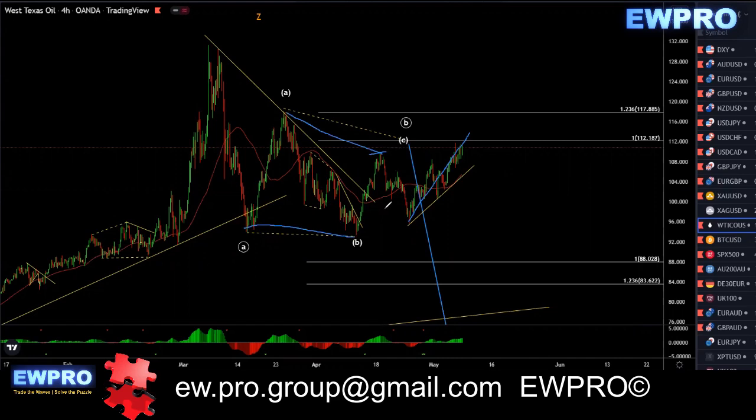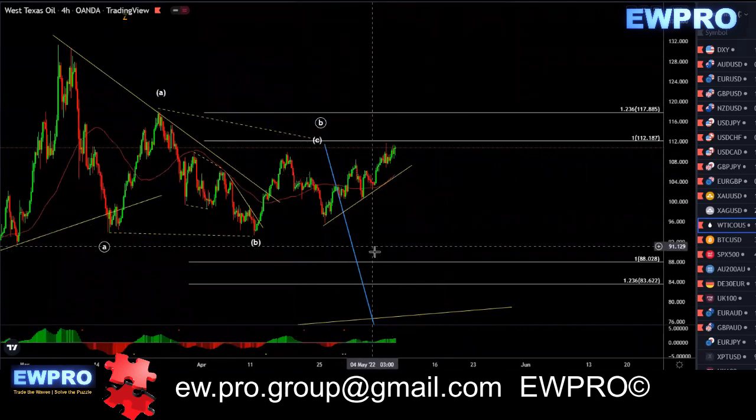Well, a running flat, but yeah, it's quite difficult, because we can look at that as the contracting flat in there, and an A, B, C in there for an A, B, C, A, B, C in here, and then we get more upside.